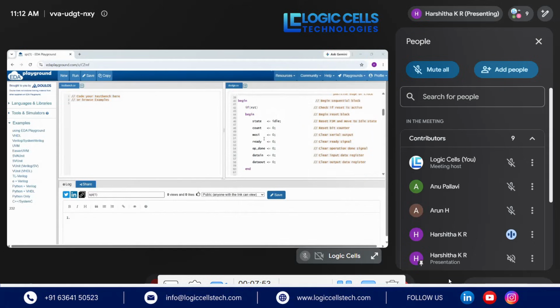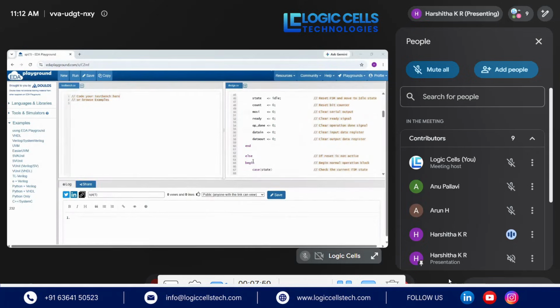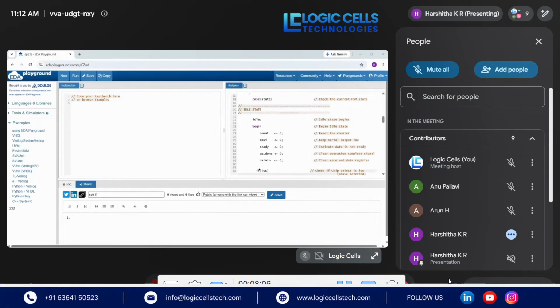If reset is not active, meaning it is low, the circuit enters the normal operation, and a case statement checks the FSM current state and executes the corresponding operation.